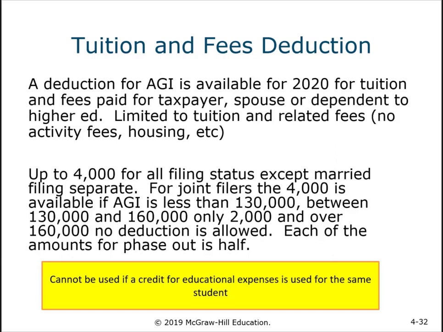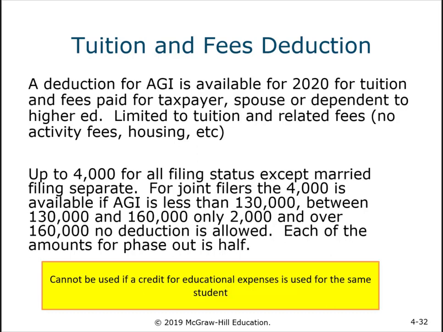Tuition and fees deduction for 2020, $4,000. Now this is for cost. Over the years, it's gone away and come back multiple times. But for 2020, it's in place. This is tuition and fees only, not any books, not that kind of stuff.